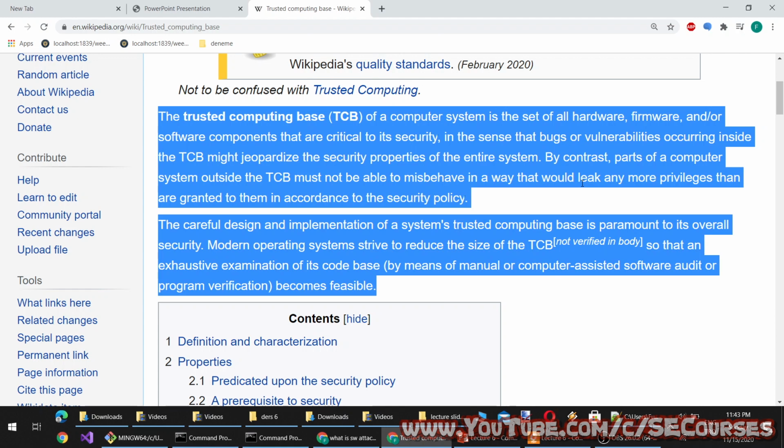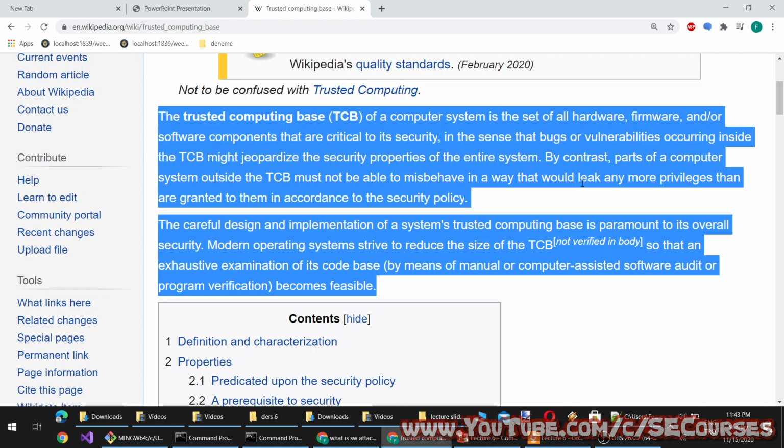The trusted computing base (TCB) of a computer system is the set of all hardware, firmware, and/or software components that are critical to its security, in the sense that bugs or vulnerabilities occurring inside the TCB might jeopardize the security properties of the entire system. By contrast, parts of a computer system outside the TCB must not be able to misbehave in a way that would leak any more privileges than are granted to them in accordance to the security policy.